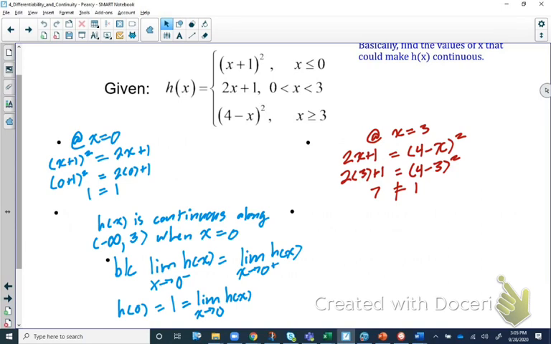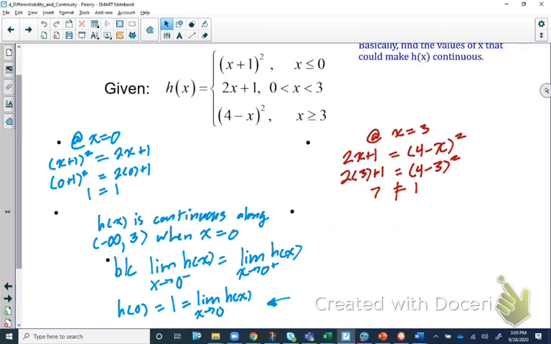So because the function is defined there and the limit is the same as where it's defined, again the function is continuous, but I'm not sure if it's going to be differentiable because continuity does not guarantee differentiability. Okay, but if it's going to be differentiable, it's going to be differentiable here.